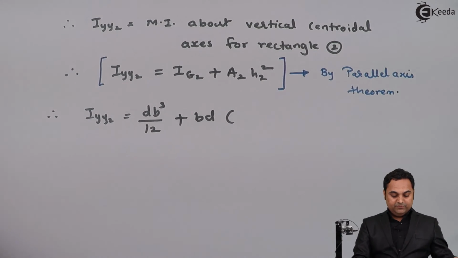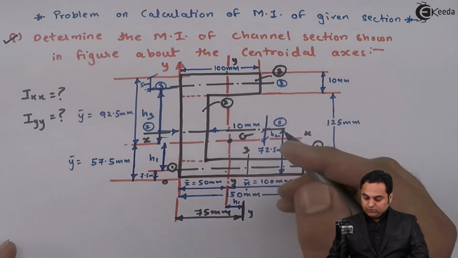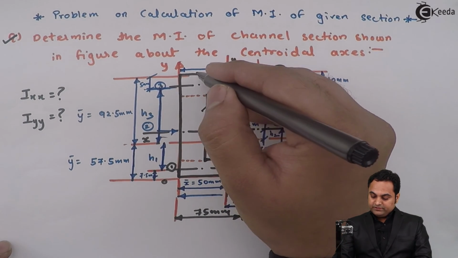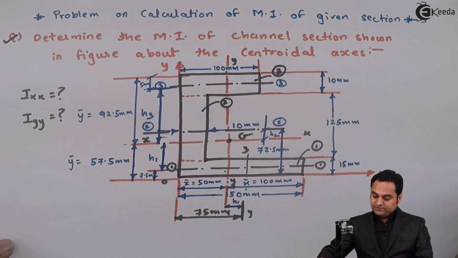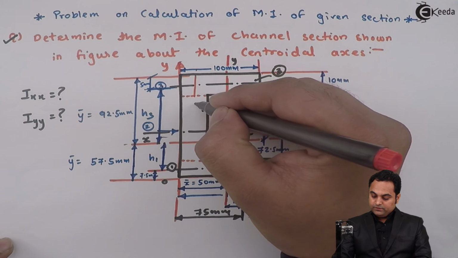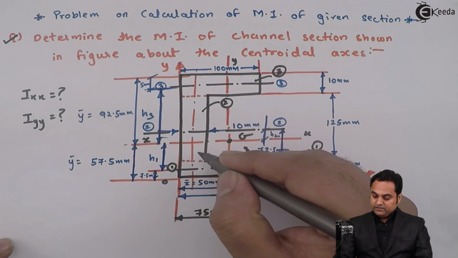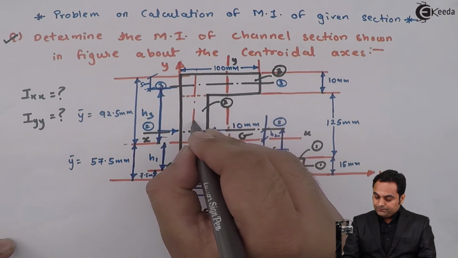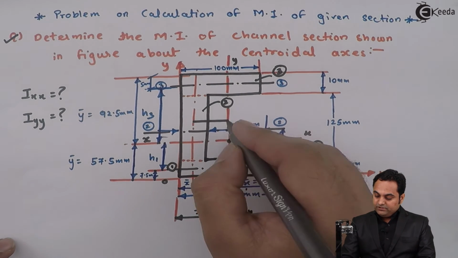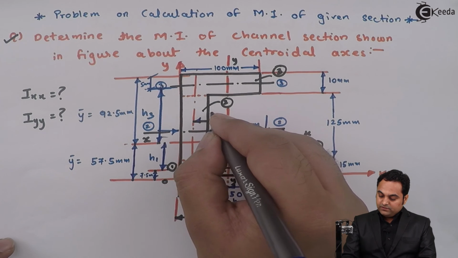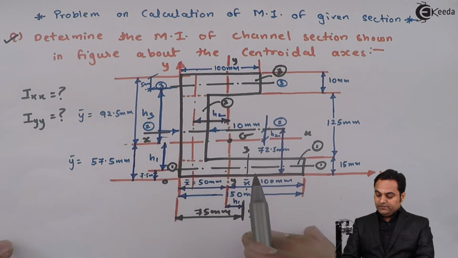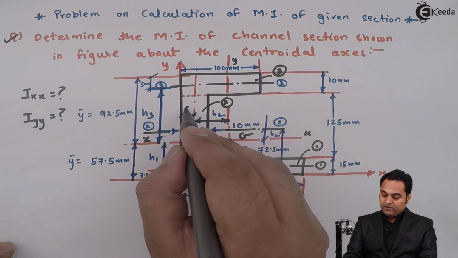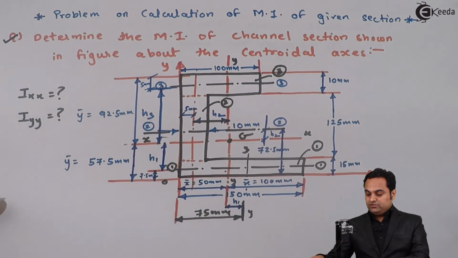h2 is the distance between the y-axis of the given C section and the y-axis of rectangle 2. So rectangle 2, its y-axis is here, that is at half of 10. So the distance h2 is the difference between the two y-axis. This is h2. So it is clear that it is 50 minus 5 because this distance is 5 mm. So that gives us h2.